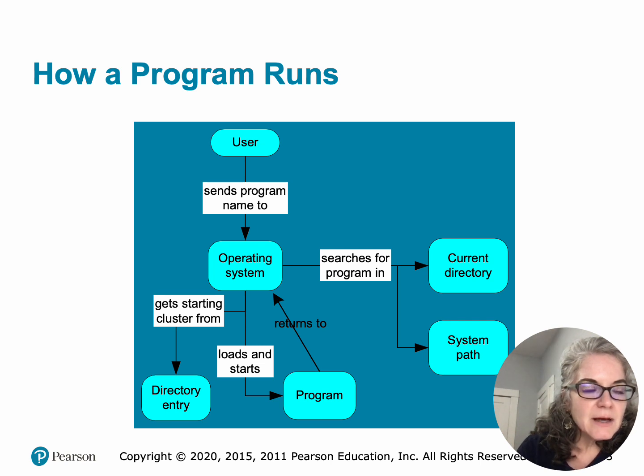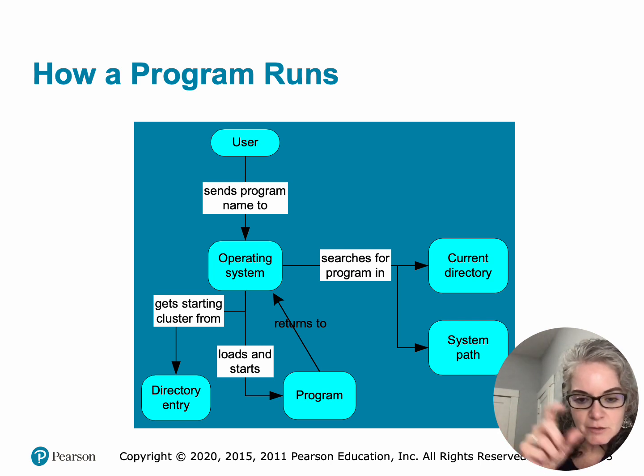So every time that you have a program running, we call that a process. Each thing running on your machine is a process, and there's a directory that has how big the program is, and the address that the process can be found at.